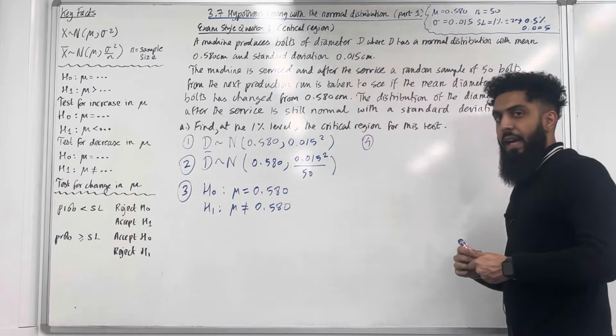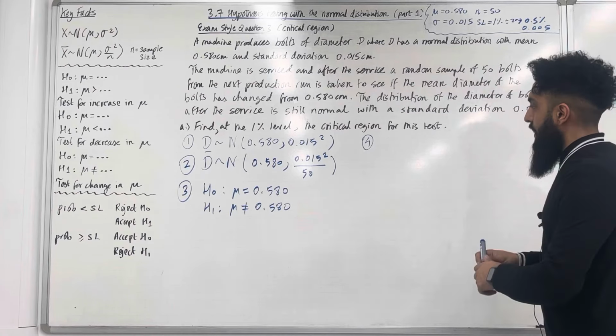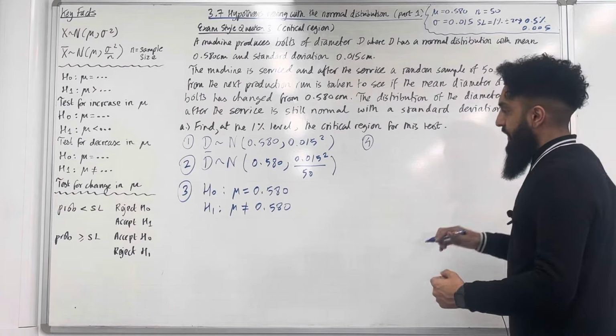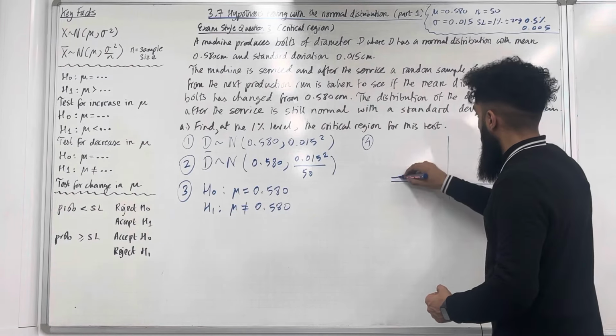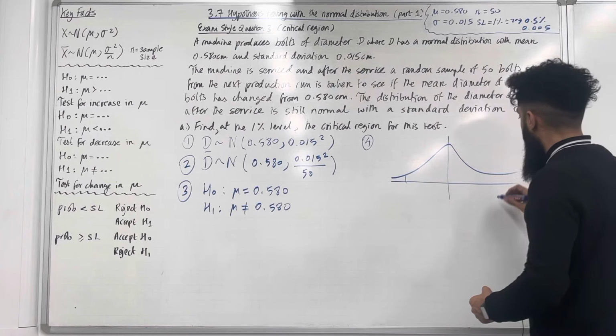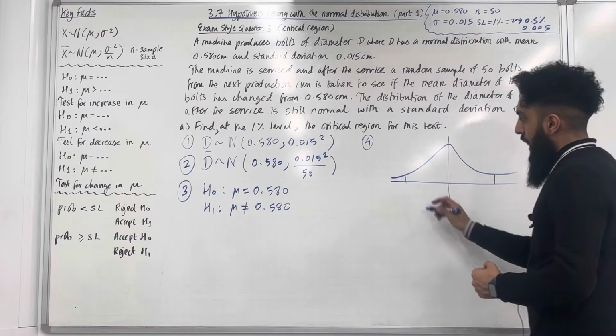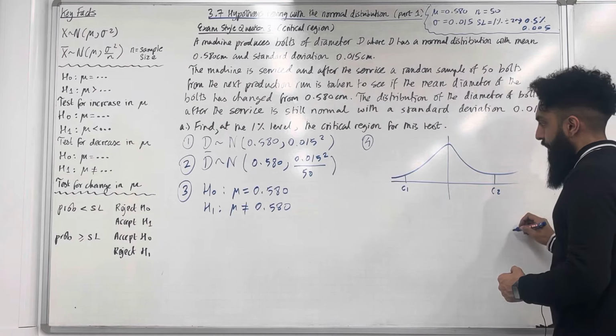Now we're going to find two critical regions, the lower critical region and the upper critical region, because it's a two-tailed test. So here is my bell-shaped curve. We've got the lower critical region over here and the upper critical region over here. We can call this critical value C1 and this critical value C2.